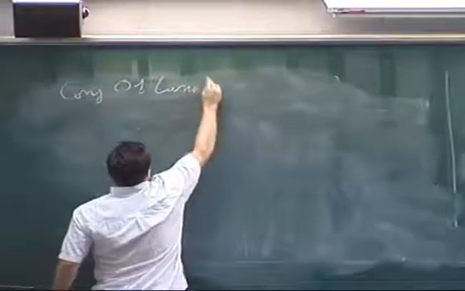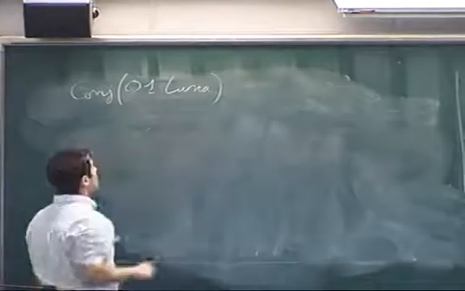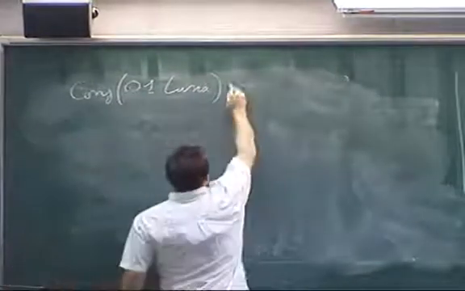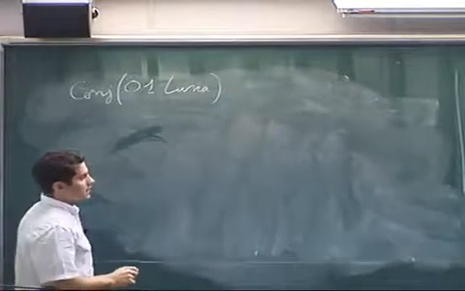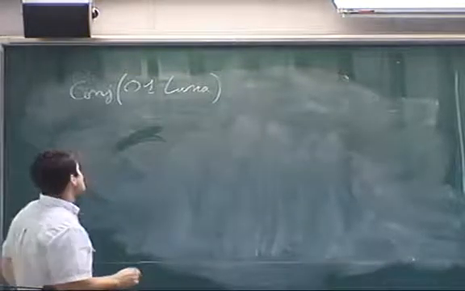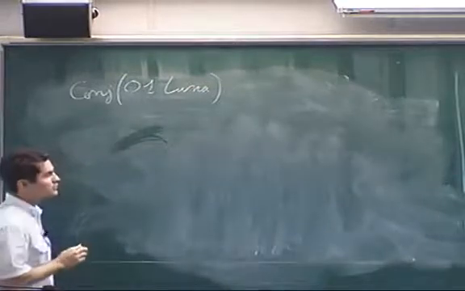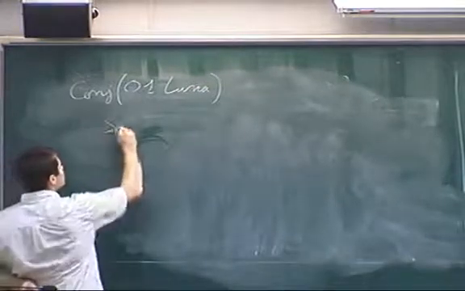Okay, so a conjecture of Luna in 2001 is... he defines a spherical system. I don't want to give the definition of a spherical system.